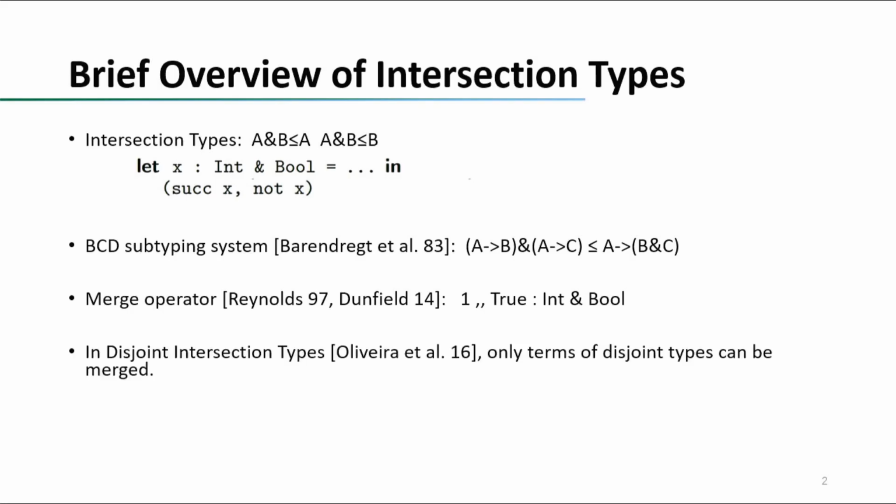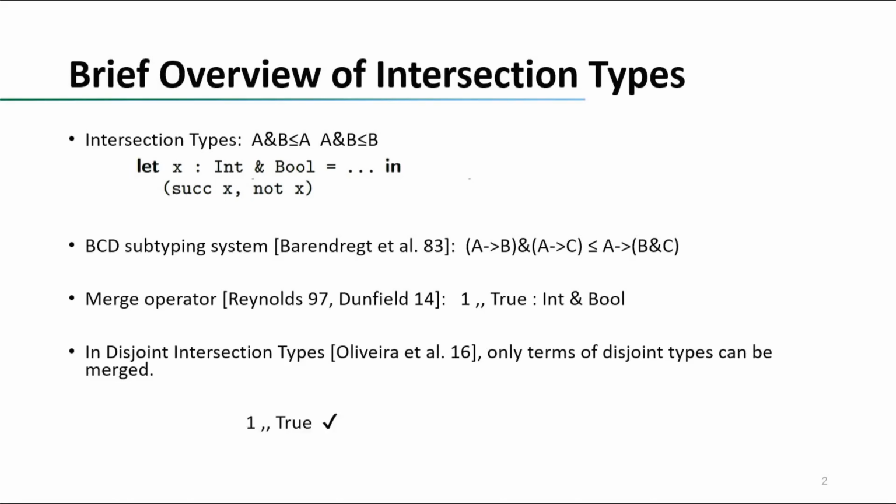So in 2016, Oliveira proposed the disjoint intersection types, where only terms of disjoint types can be merged. Disjoint means that the common supertype of two types can only be top. This disjoint restriction helps us eliminate ambiguity and makes the calculus deterministic.